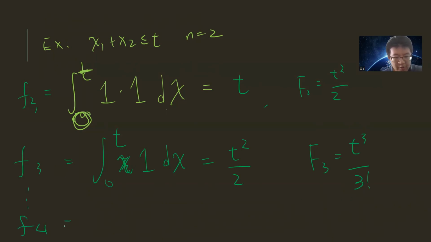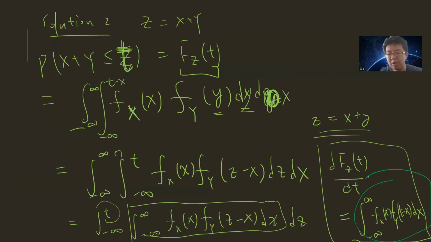Your f4 you just plug in, you get x squared divided by 2 times 1 dx from 0 to t, and then you get t to the fourth divided by 4 factorial. From this, you can just keep iterating with this formula, and it will generate the correct answer. Okay, that's it. See you guys in the next videos.